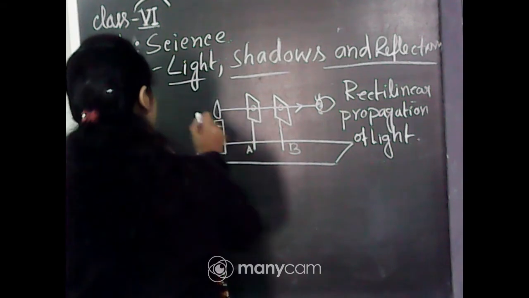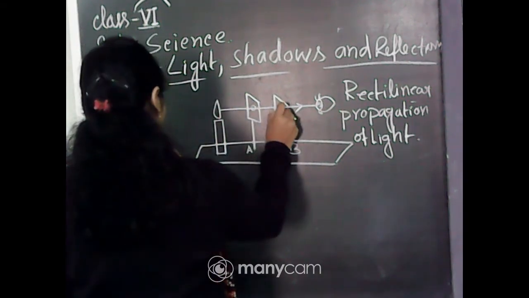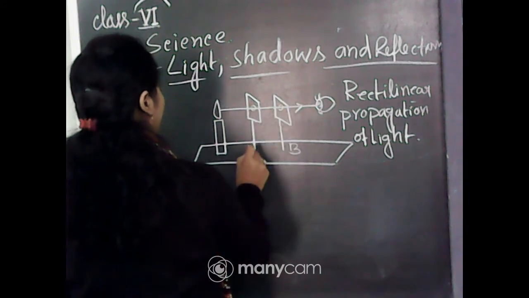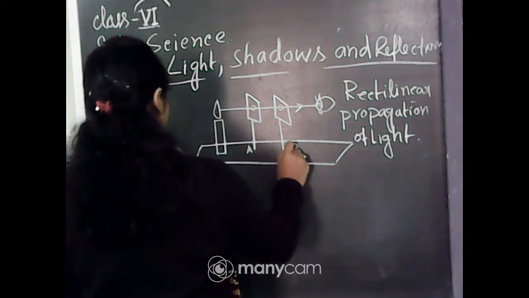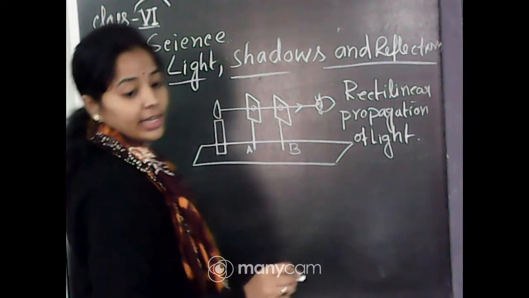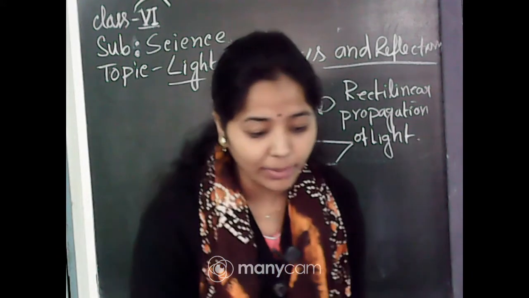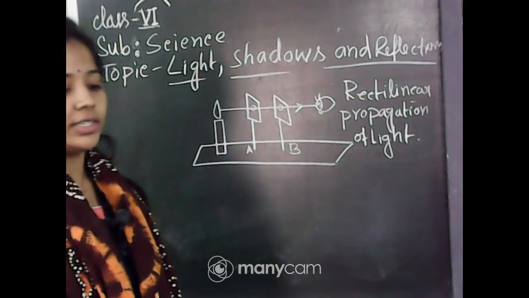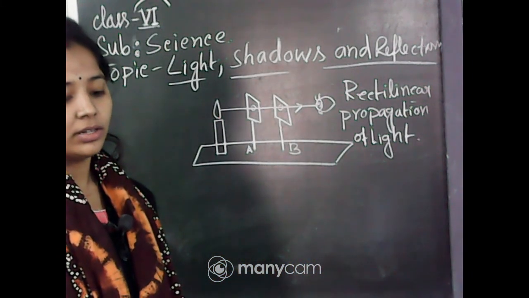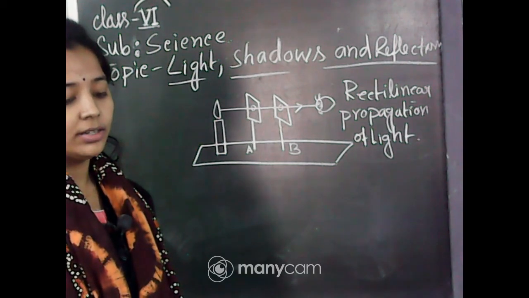Light takes the quickest path between the two points or the two holes from cardboard A and cardboard B. Therefore, light travels in a straight line, and this is known as the rectilinear propagation of light. Understood everyone? Just see the picture. Any problem up to this portion?